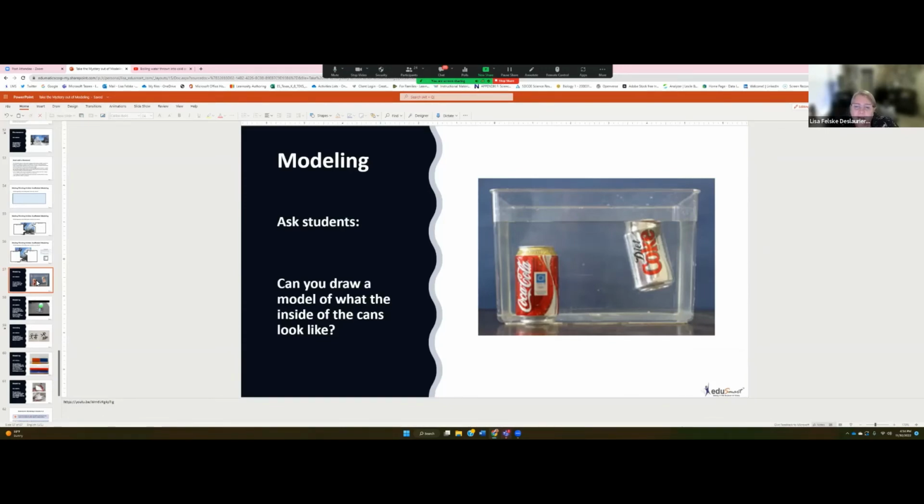Why is one of them more dense than the other? What does more dense look like? Okay, and so you can do all kinds of activities with floating and sinking and have them understand how to visually represent density, not just describe it or identify what's more dense, least dense, but actually understand what's going on.